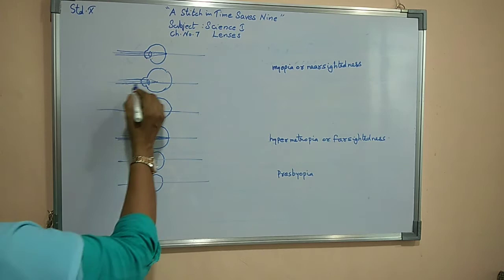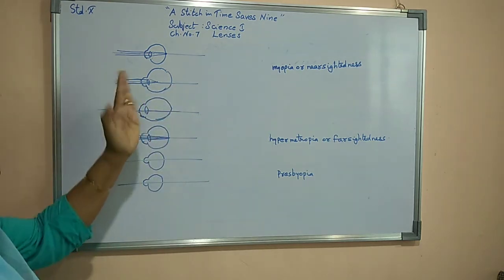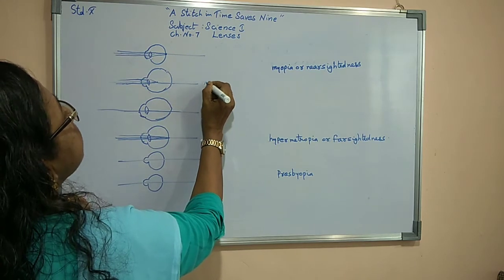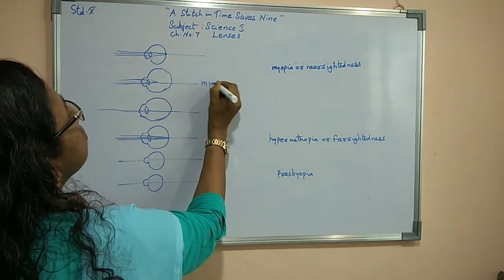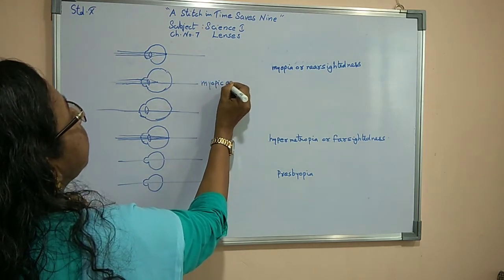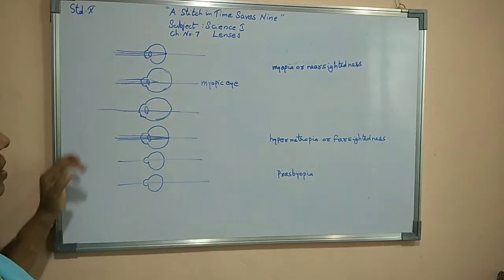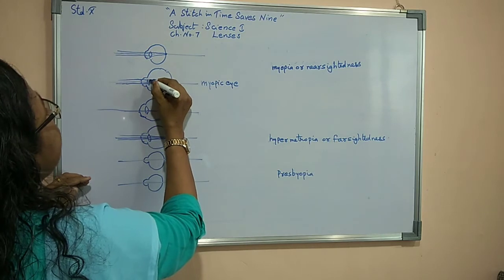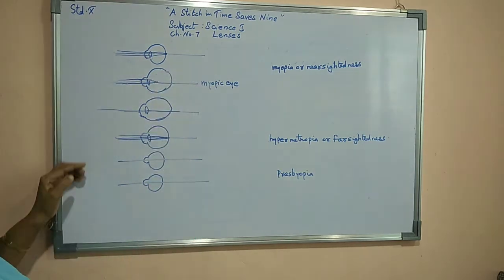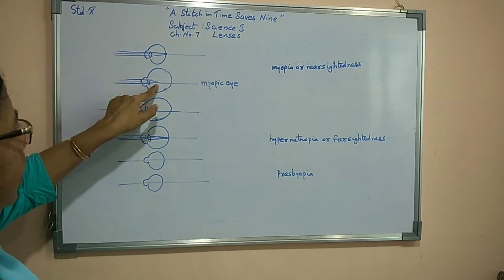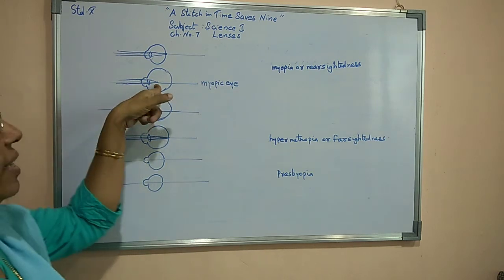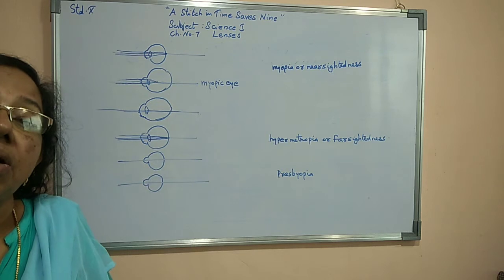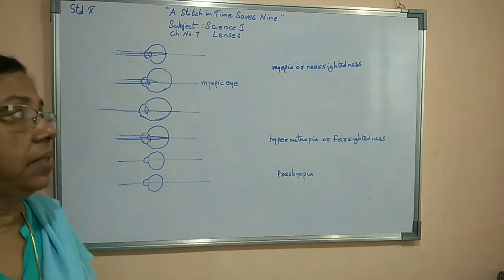As a result of it, the person cannot see the object clearly. So this is the myopic eye we can see. Myopic eye means image formation takes place in front of the retina. As a result of it, the person cannot see far away objects clearly.